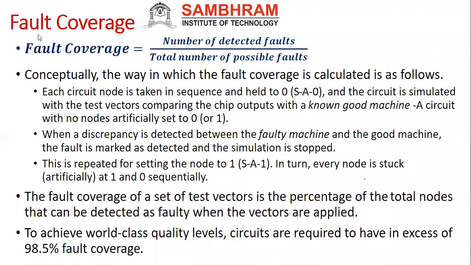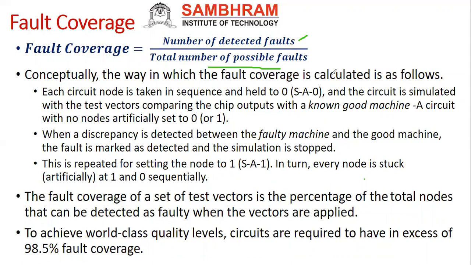Now the next manufacturer test method is fault coverage. Fault coverage is nothing but the ratio of the number of detected faults to the total number of possible faults. It is like a probability.